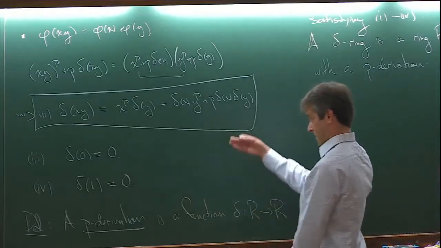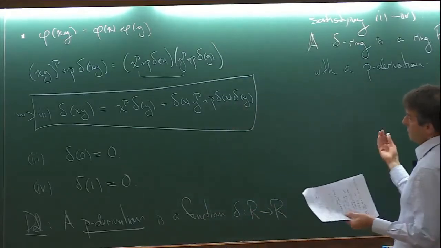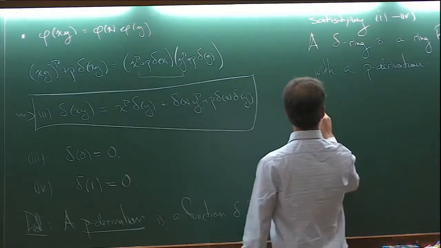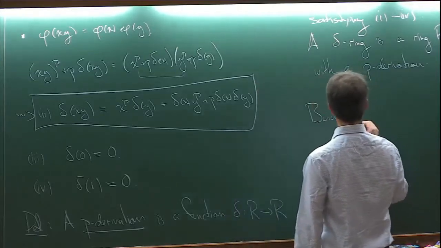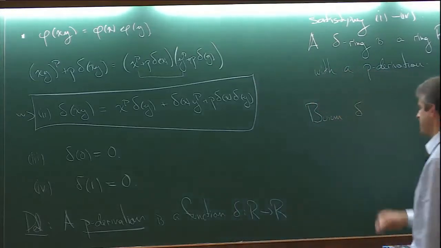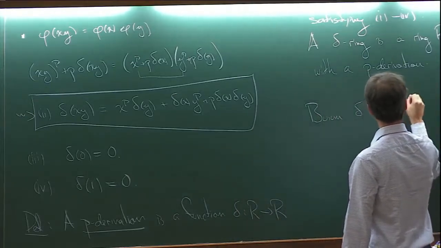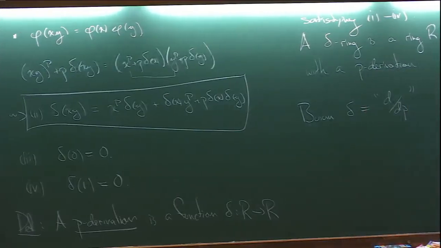So for that reason, you might think of delta as some kind of arithmetic version of a derivation. And in fact, Buium has written many, many papers where he really takes the analogy seriously: delta is the derivative with respect to the prime number p.